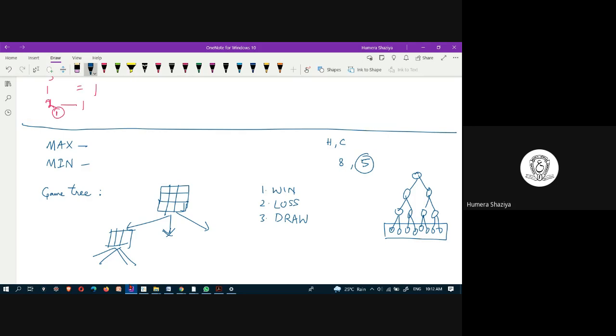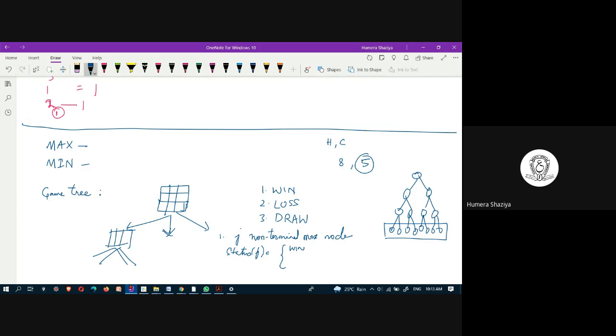In case J, which is a non-terminal max node, the status of J is: it wins if any of J's successor is a win.